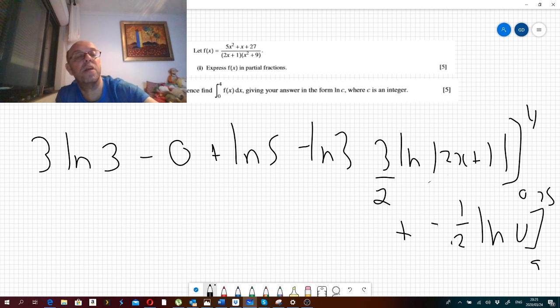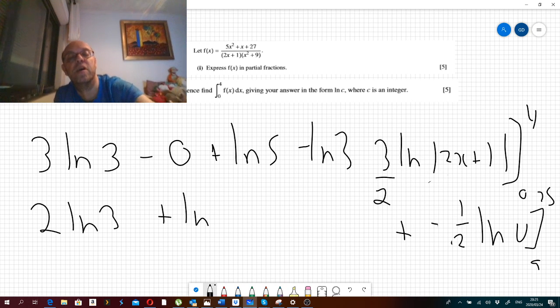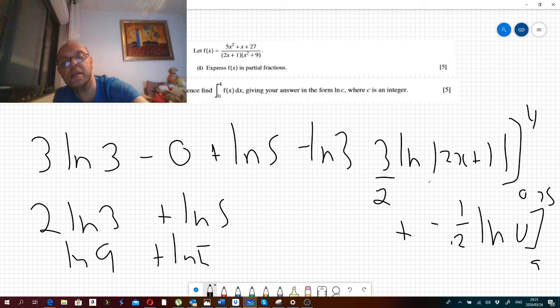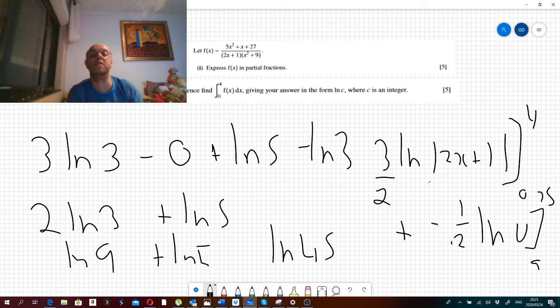Now 3 ln 3 minus ln 3 is 2 ln 3, and plus ln 5, which is the same as ln 9 plus ln 5. And remember, plus ln means it comes from multiplication, so that's ln 45, and they wanted the answer as a ln of a single number. So there is my final answer of ln 45.